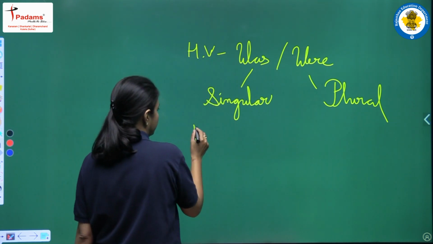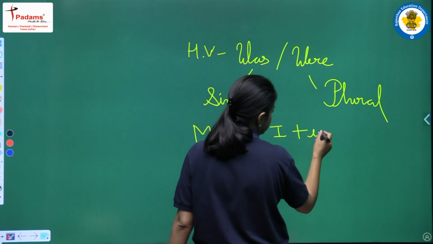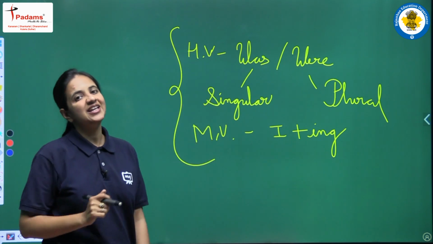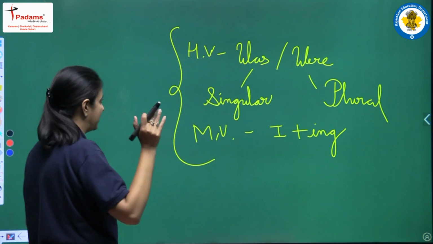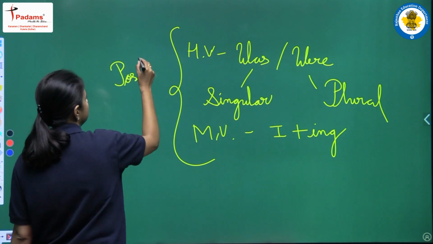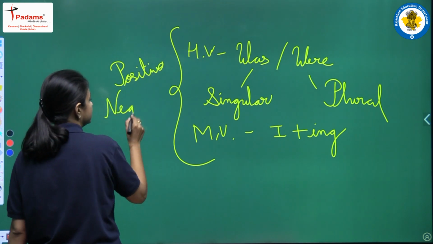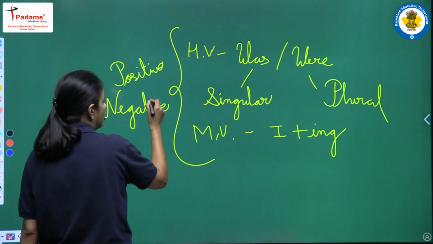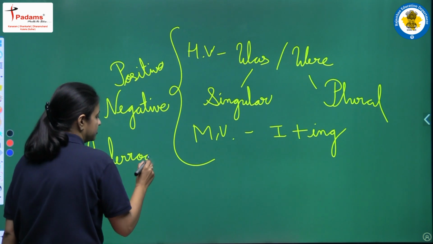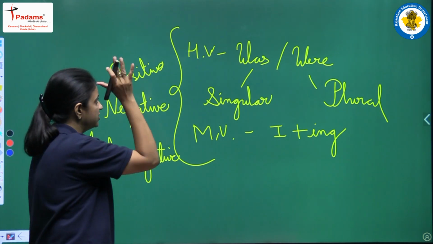And talking about the main verb, in this tense we have first form plus ing, and all the rules are common, similar for all the different patterns of sentence. No matter whether your sentence is a positive one, a negative one, or an interrogative one, for all sentences we have to use the same words.